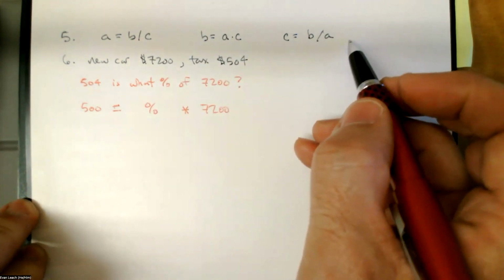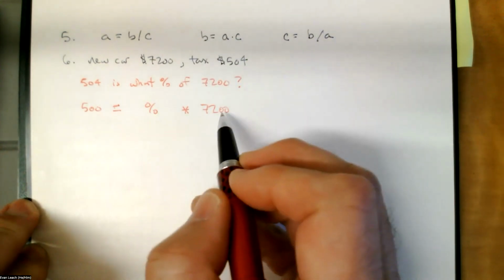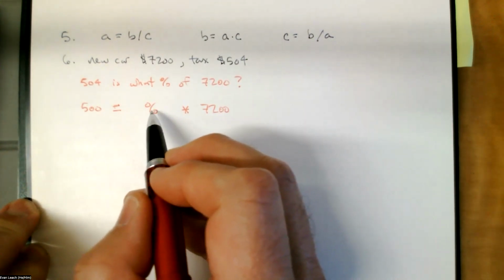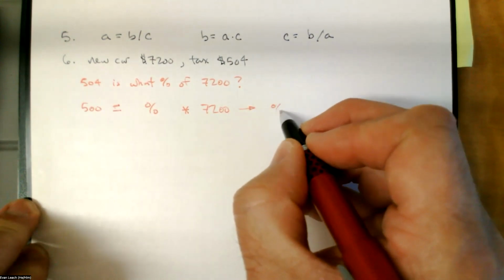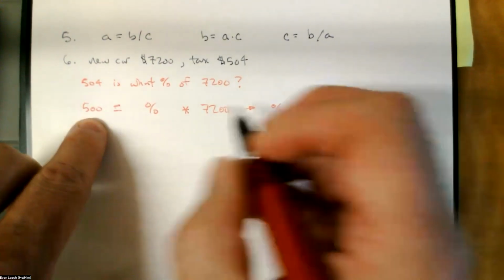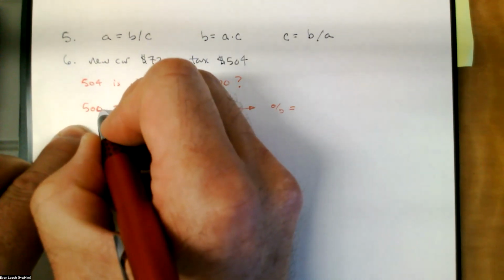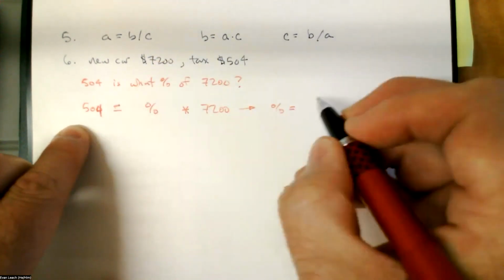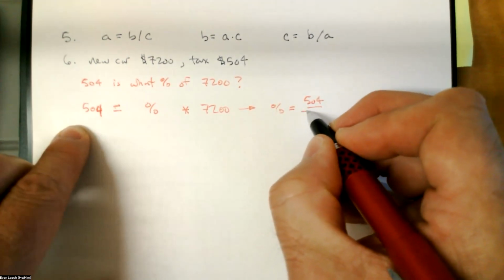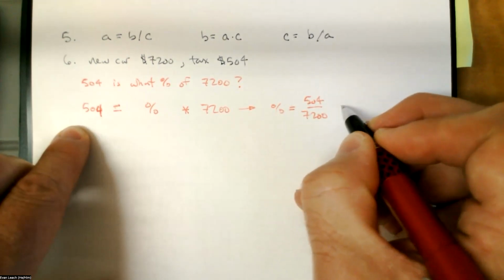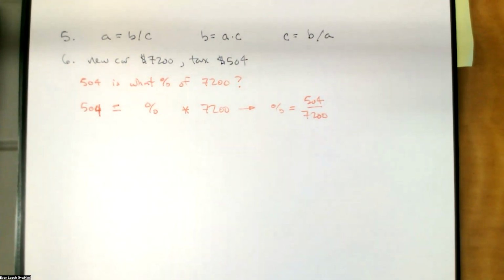Doing the same thing that we did up here. I'm looking at B is equal to A times C. If I want to know A, A is B divided by C. So the percent is 504 divided by the 7,200.